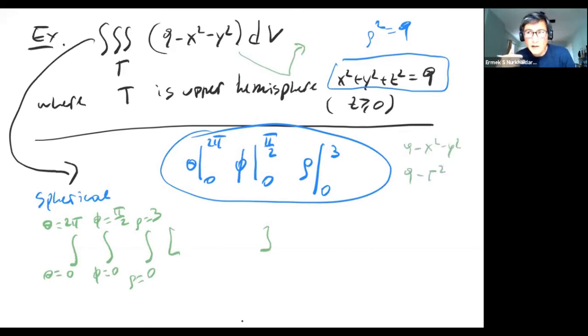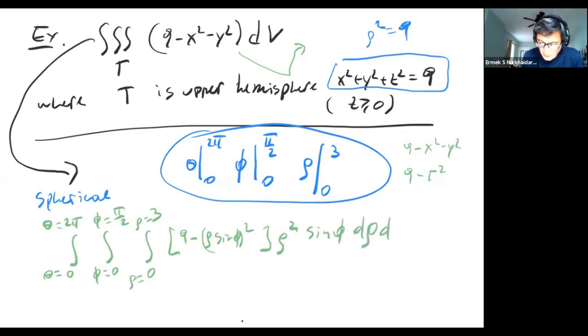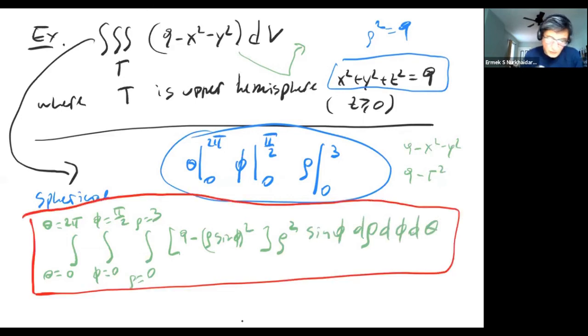You recall that r equals rho sine phi, so we're going to get 9 minus rho sine phi squared. Don't forget to pay the price: to switch to spherical, rho squared sine phi, and then d rho d phi d theta. That's how the spherical integral is going to look in this case.